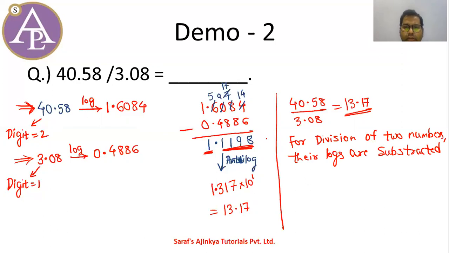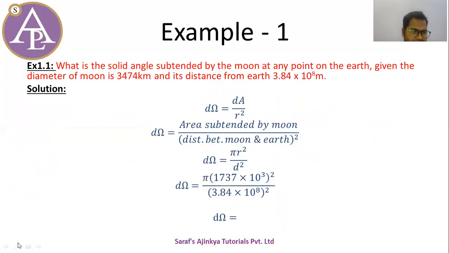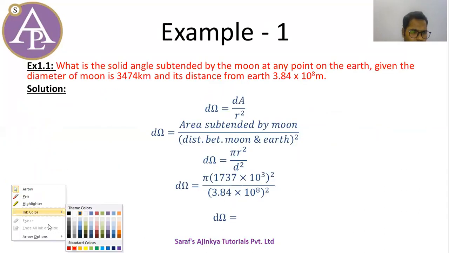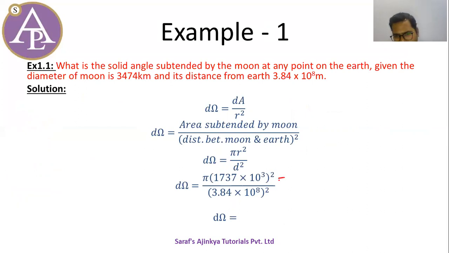In anti-log, you should consider digits after a decimal. Okay? I have more examples, so don't worry. Now this is one example. If you look at this calculation, in the numerator I have 3.142 multiplied by 1737 whole square multiplied by 10 to the power 6, whole divided by 3.84 whole square into 10 to the power 16.